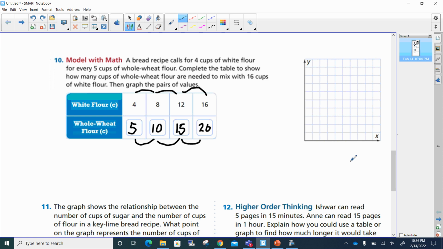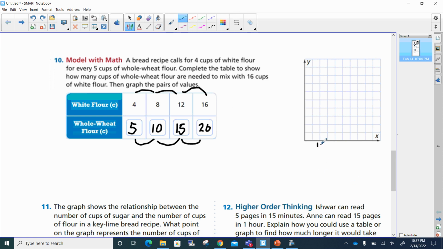So when the flour, which is x, is 4, actually, let's go ahead and do this by 5s.